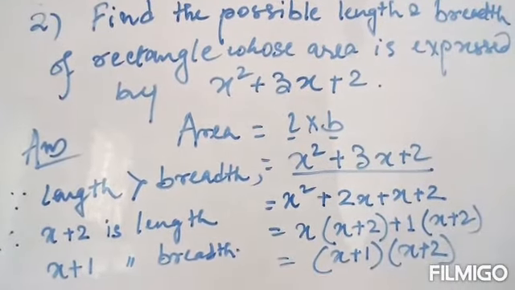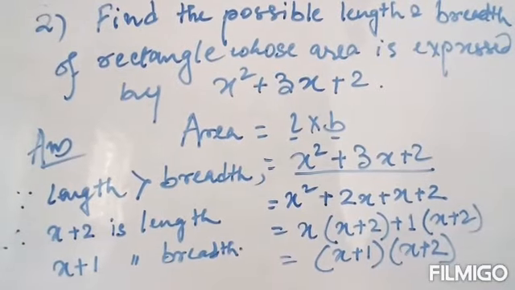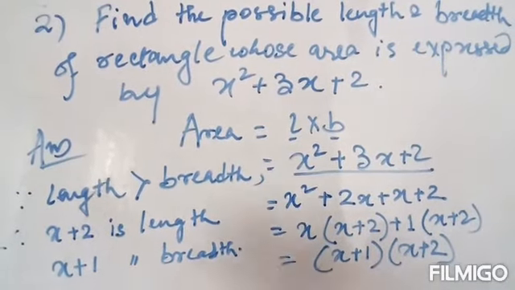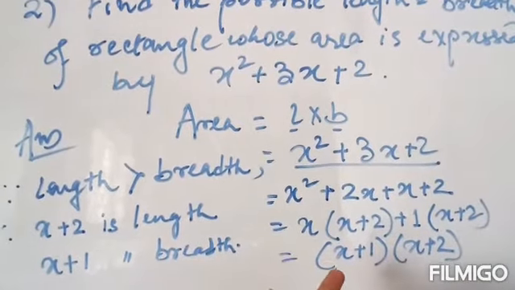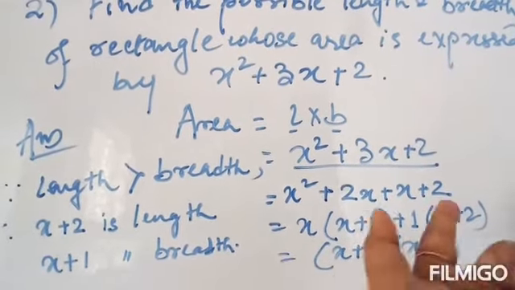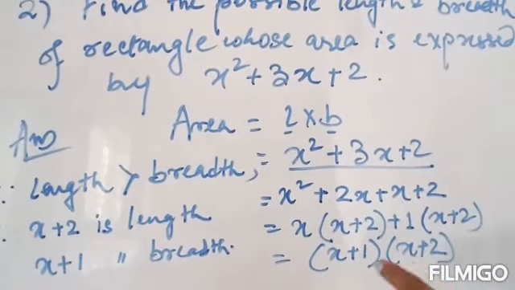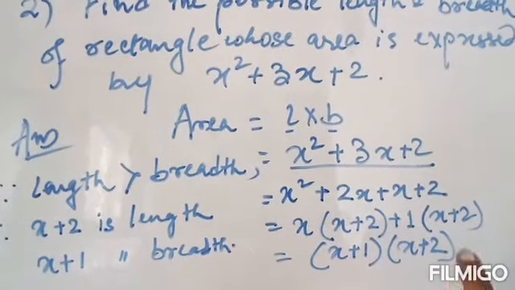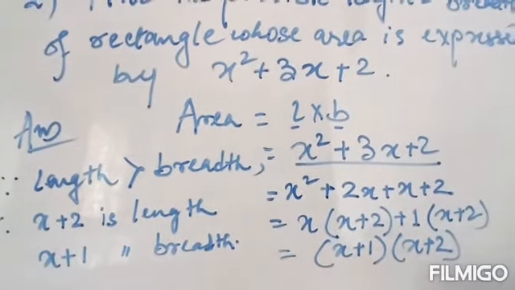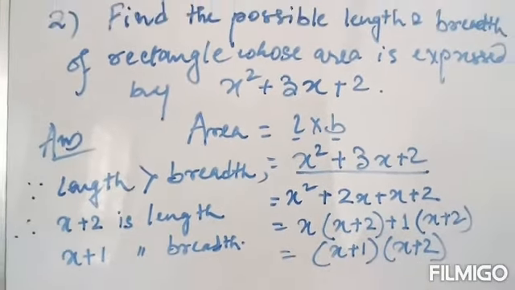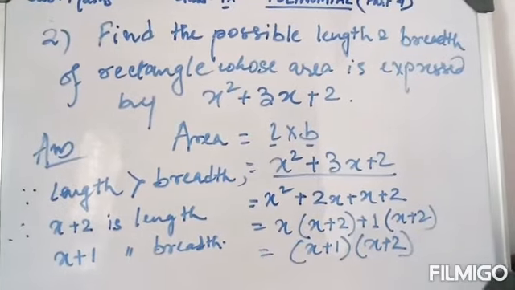Whatever value of x is there, one will have plus 1 to it and another will have plus 2 to it. The one with plus 2 will obviously be the length, and the one with plus 1 will be the breadth. So this is how you solve this type of problem.